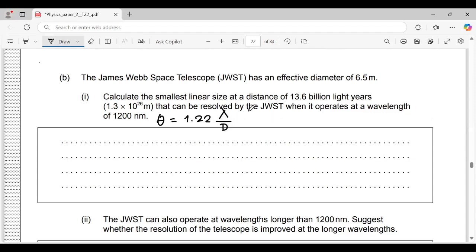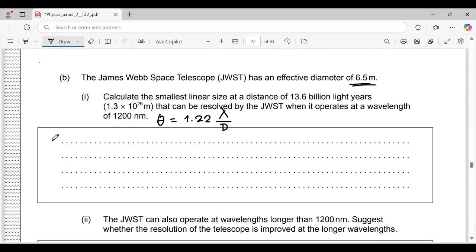Lambda is the wavelength of light, and d is the diameter of the telescope. The diameter of the James Webb Telescope, according to this information, is 6.5.